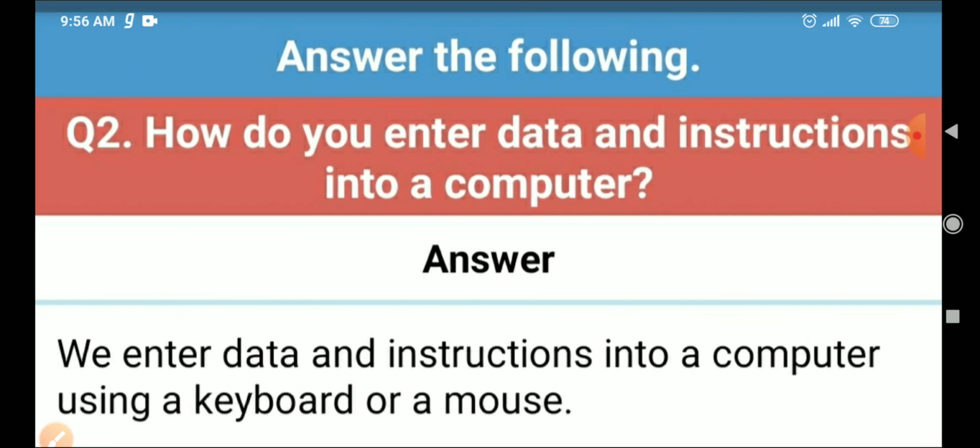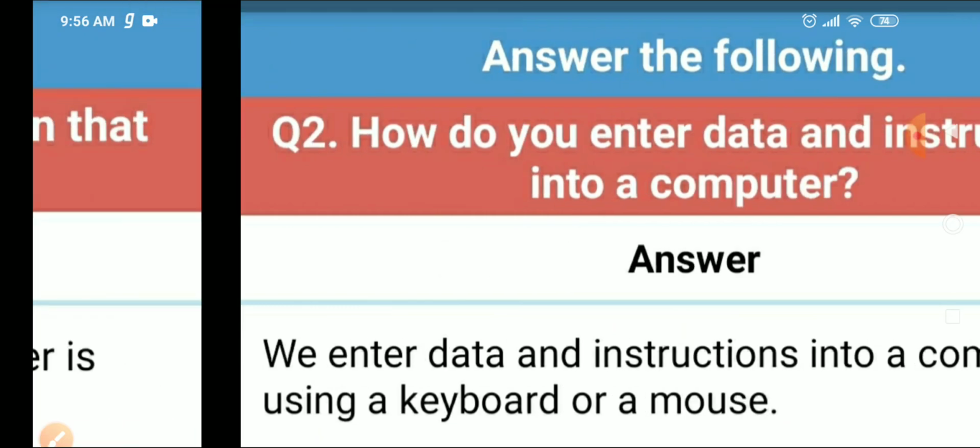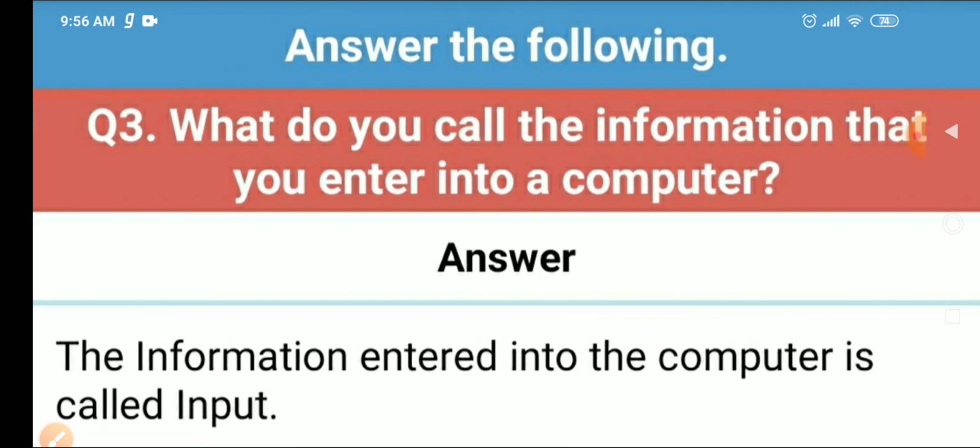Okay. Next is, how do you enter data and instructions in a computer? So the answer is, we enter data and instructions into a computer using a keyboard or a mouse. Next is, what do you call the information that you enter into a computer?